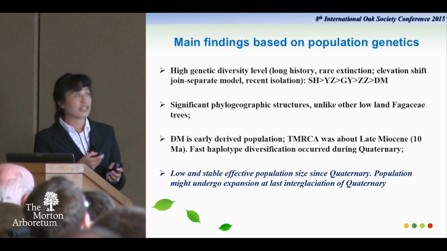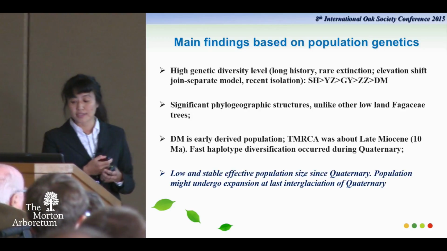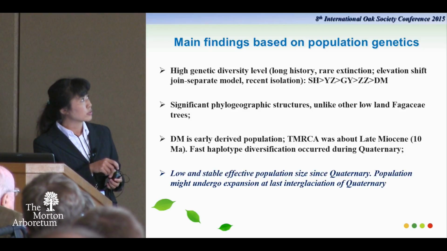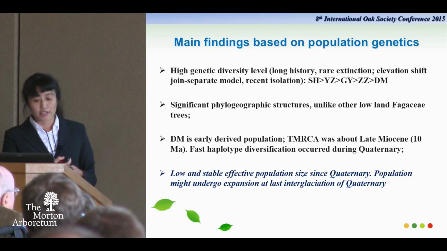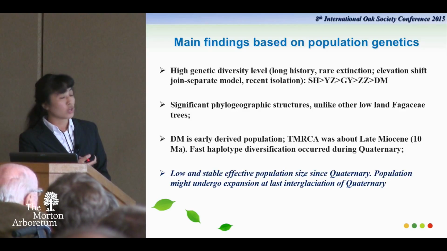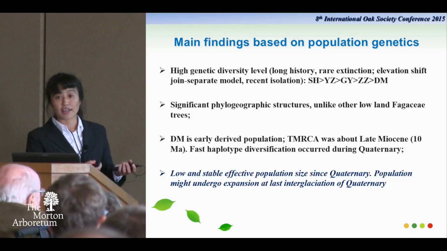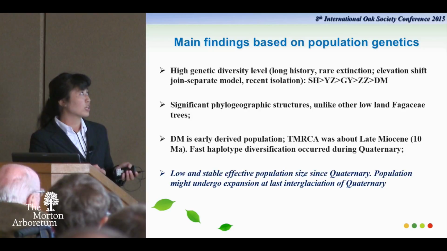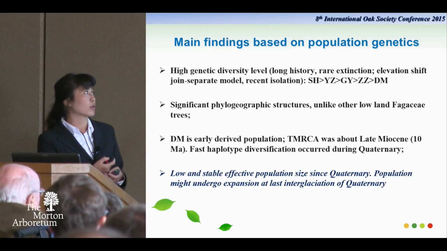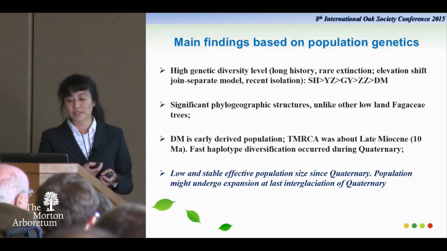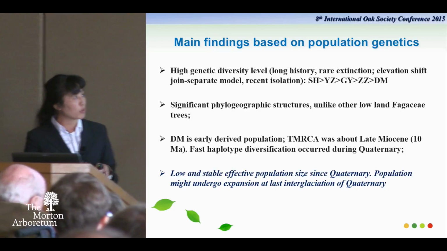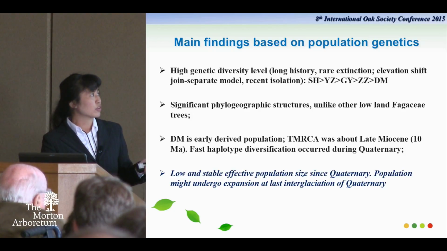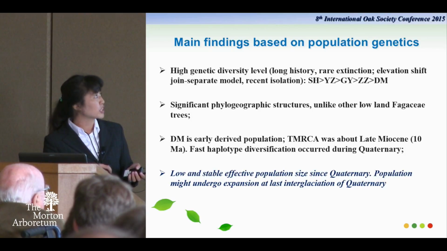There is high diversity in these rare plants, and the diversity level steps down from those populations. And there are significant phylogeographic structures, unlike other lowland Fagaceae trees. Usually the lowland Fagaceae trees like Quercus glauca and Quercus variabilis have very little, almost no, differentiation between populations.